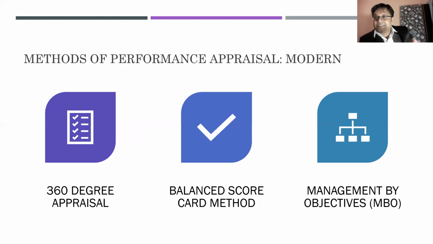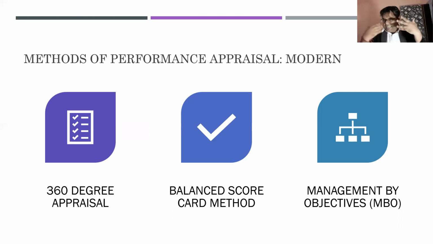In the earlier cases that we discussed, the traditional methods, in most of the cases all the evaluation is done only by the supervisor or the manager. The manager will be giving the feedback about the employees, or the supervisor will be giving the feedback about the employees. But in 360-degree appraisal, everybody who is directly or indirectly affected by the performance of that particular employee will be evaluating.